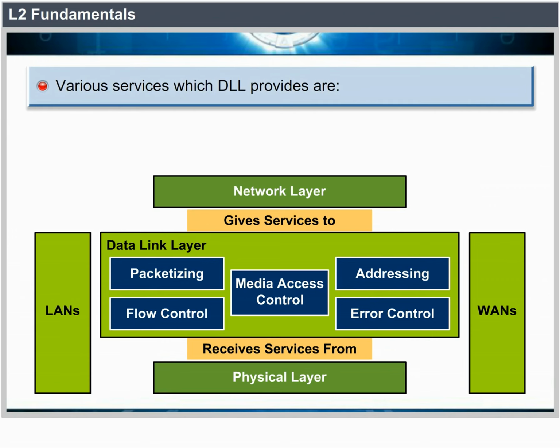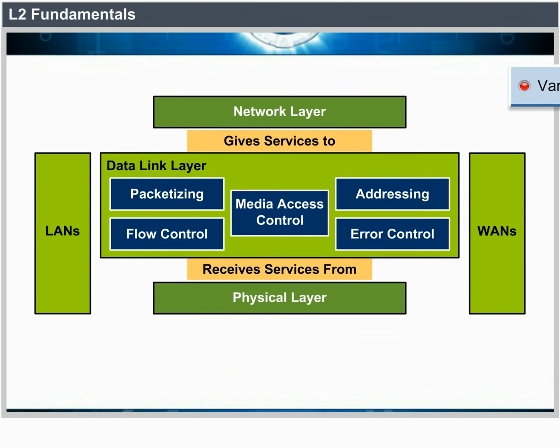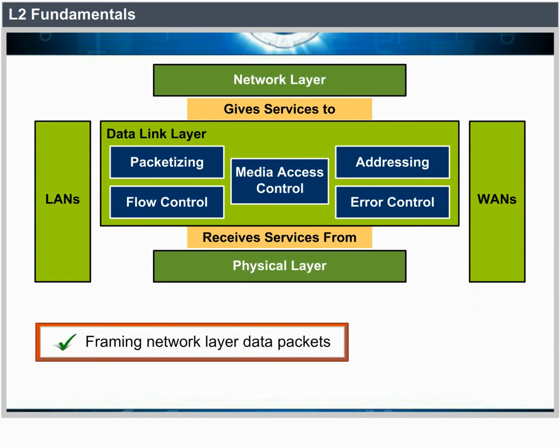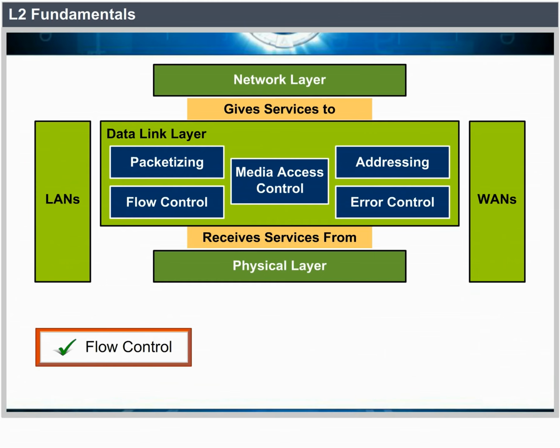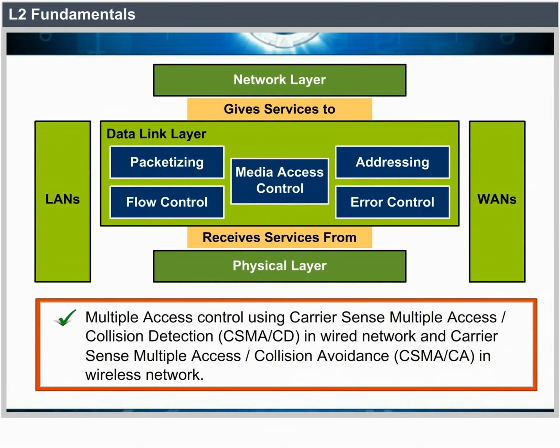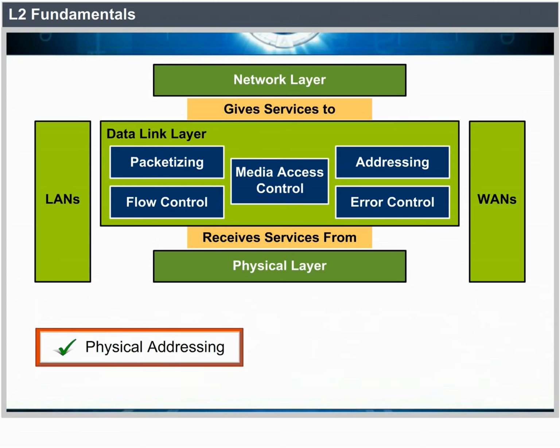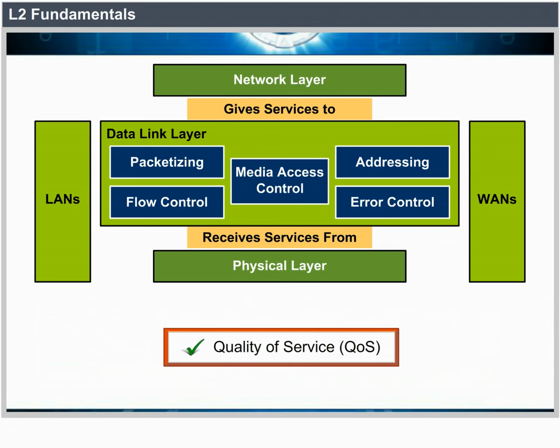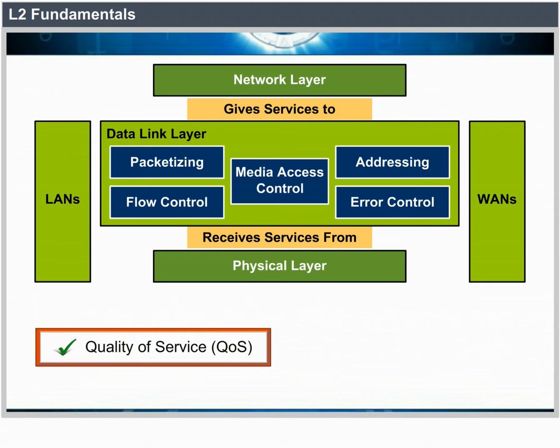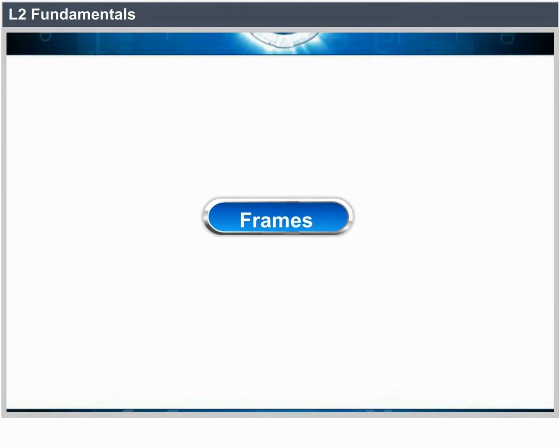Various services which the DLL provides are framing network layer data packets, flow control, multiple access control using carrier sense multiple access collision detection in wired networks, and carrier sense multiple access collision avoidance in wireless networks, physical addressing, switching, quality of service, that is QoS, and virtual LANs, that is VLAN.